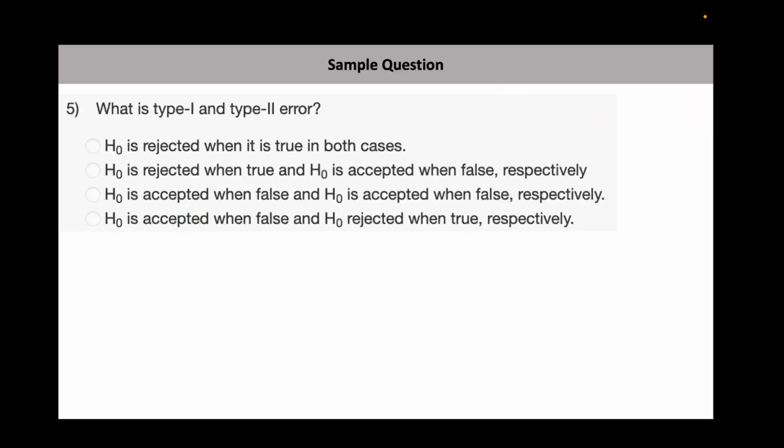Okay, this is a theoretical question. What are type 1 and type 2 errors?